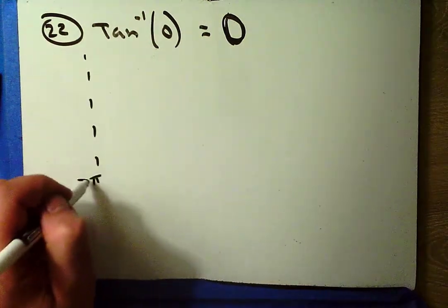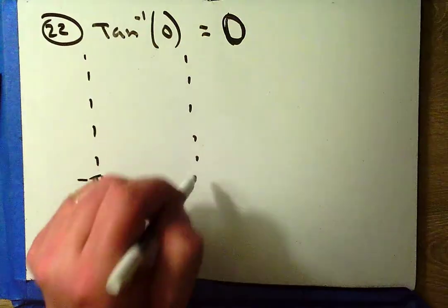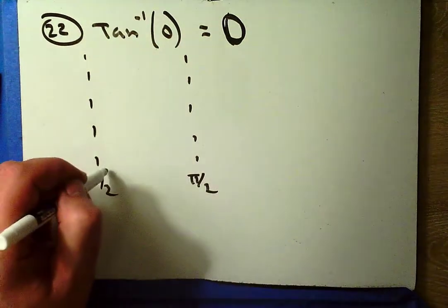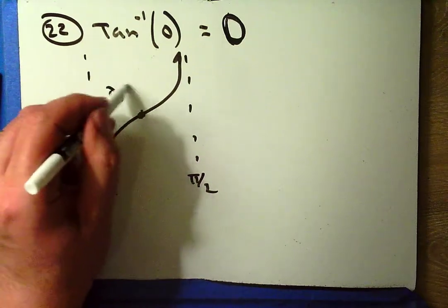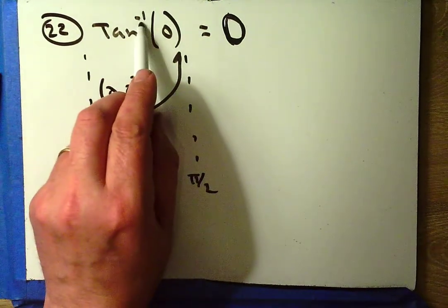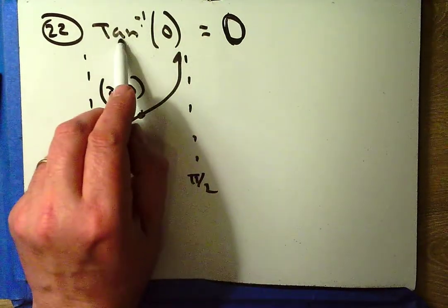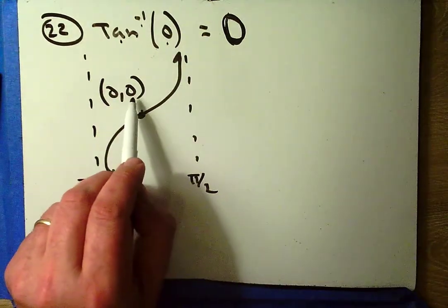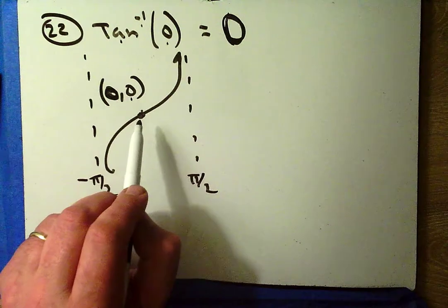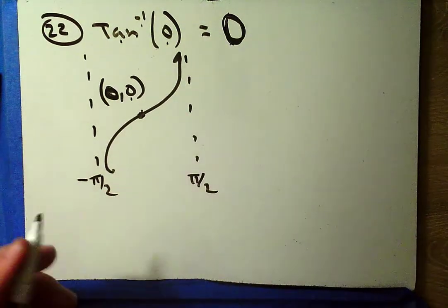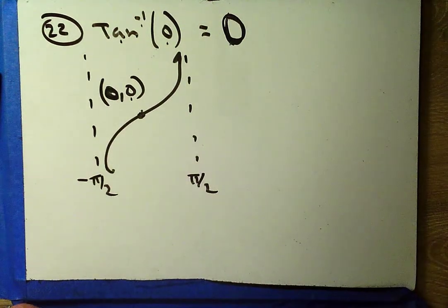We've got negative pi over 2, we've got pi over 2, and halfway in between, we've got 0. What angle has a tangent value of 0? Tangent value of 0 happens when the angle is equal to 0. So 0 is my answer for number 22.